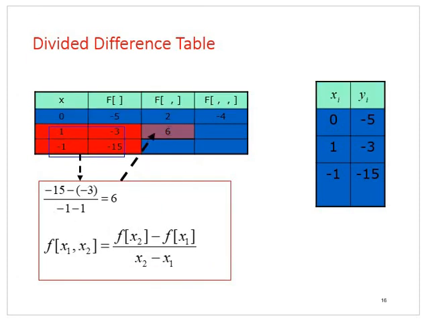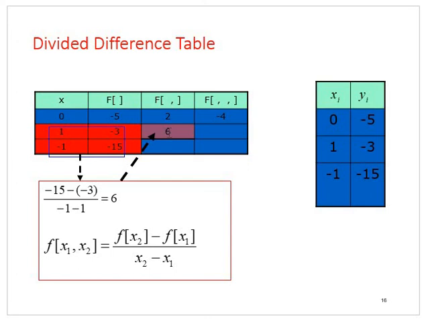Then for this 6, you use this block and compute the gradient again. So this is minus 15 minus 3 over minus 1 minus 1. This will give us 6. That's where that 6 is coming from.